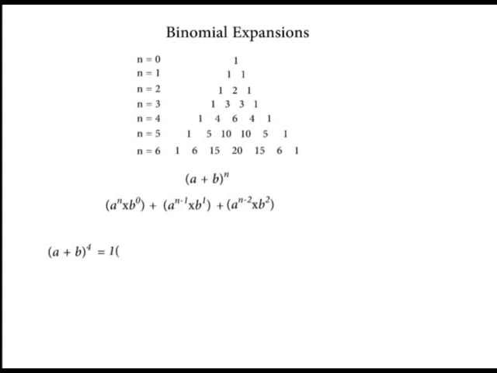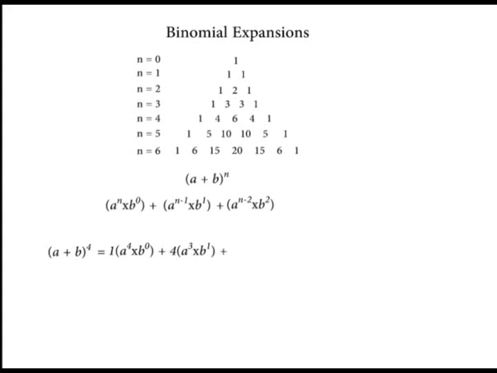So we have 1 times a raised to the power of 4, and b raised to the power of 0. Plus second terms, the coefficient will be 4. A will be raised to the power of 3 this time, times b raised to the power of 1. Notice the powers will add up to n. 3 plus 1 will be 4.